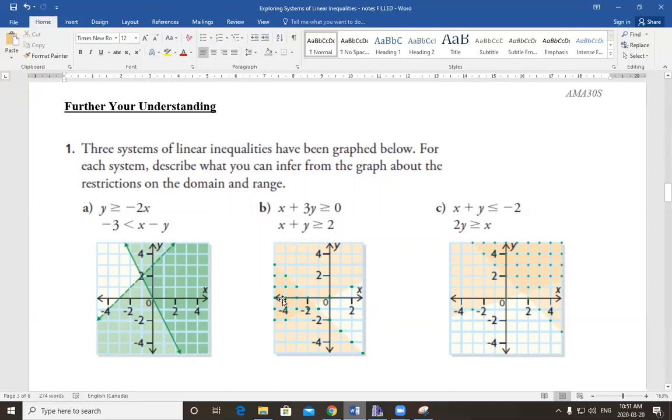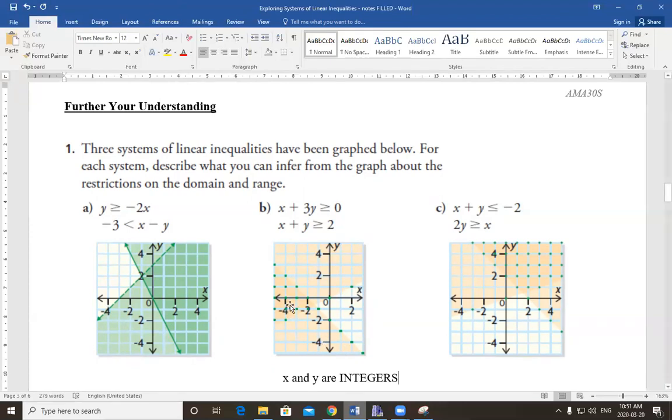But if we take a look over here, all right, you'll notice that we've got these green dots at the intersection point. This is telling us that X and Y must be discrete. Now, because we have X and Y into the negatives, it's most likely that the restriction here would be X and Y are integers.